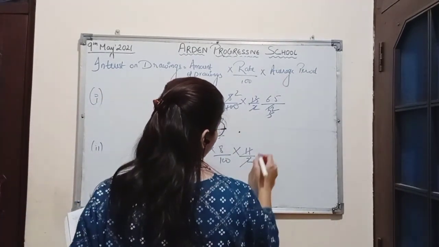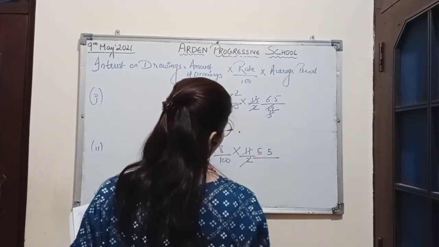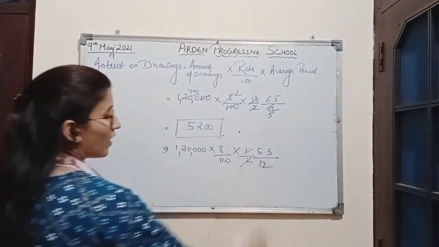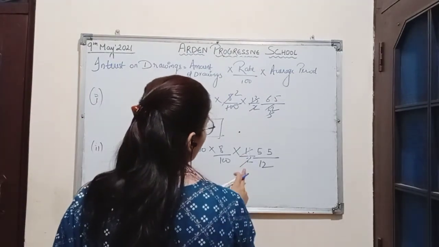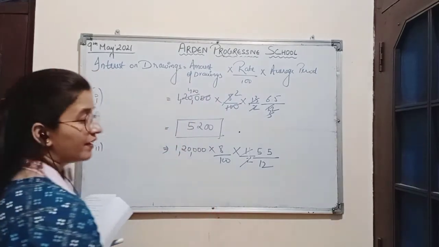So here months will be 5.5 months divided by 12, as interest on drawings is calculated on an annual basis. If we divide 11 by 2, we will get 5.5 months and it will be divided by 12.